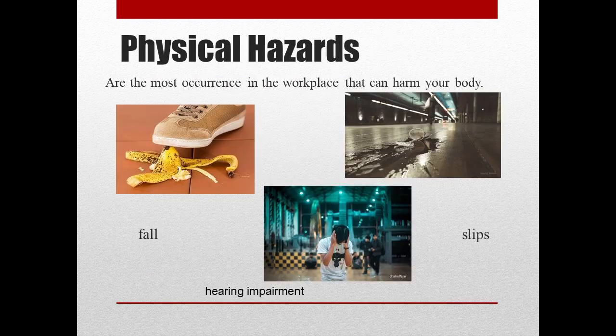Physical hazards are the most common in the workplace and can harm your body. For example, a banana peel on the floor, a spill of water on the floor, and a person hearing loud noise. This can result in a fall, a slip, or hearing impairment.